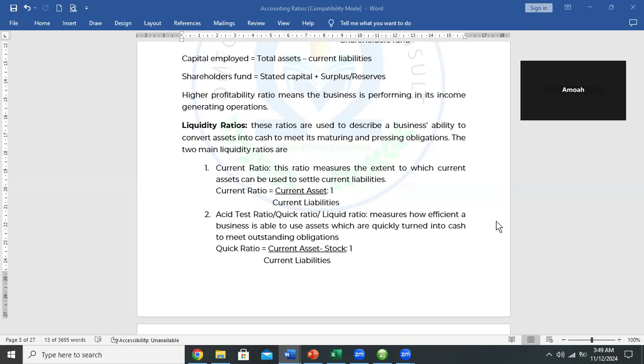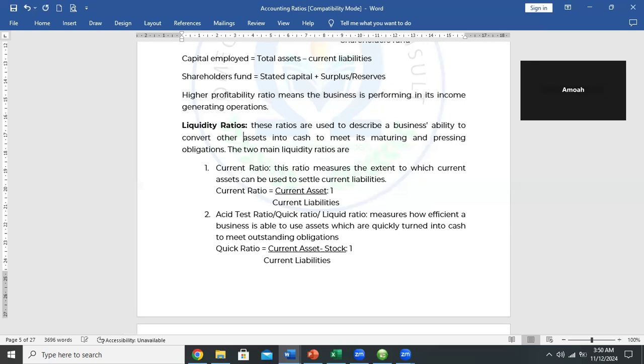Let's look at liquidity ratios. In accounting, when you hear the word liquid, we are referring to cash, right? So liquidity ratios are ratios used to describe a business's ability to convert assets into cash. Or better still, to convert other assets, because the cash itself is an asset.